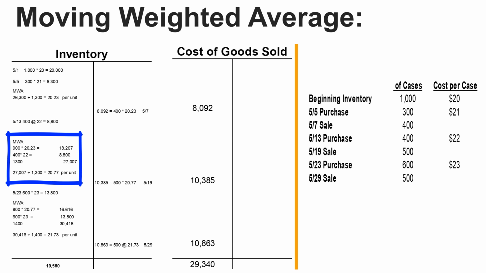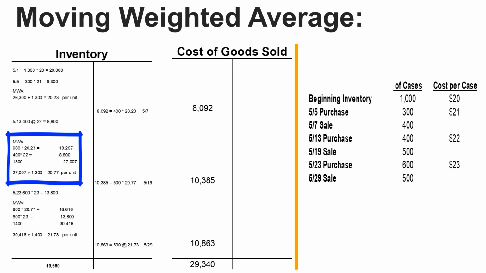$20.23. If we add our total inventory at this point in time, the 900 units left over after that first sale at $20.23 and the 400 units purchased at $22, we get a new total cost of $27,007, and the fact that we now have, again, 1,300 units, a new moving weighted average would be to take the $27,007 divided by 1,300, or $20.77.